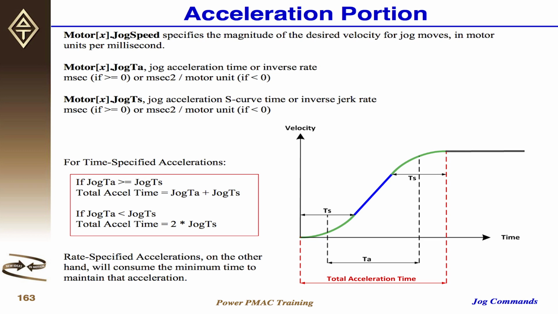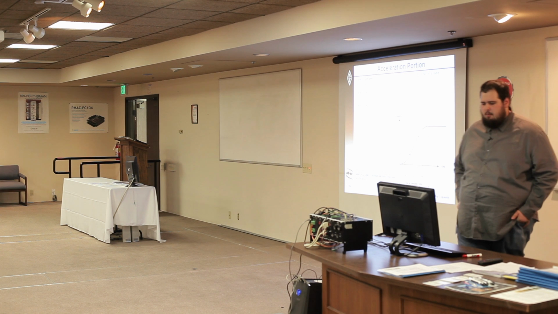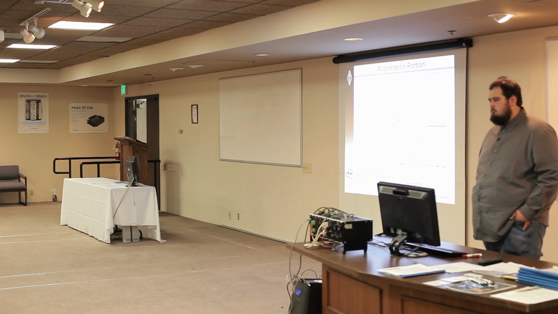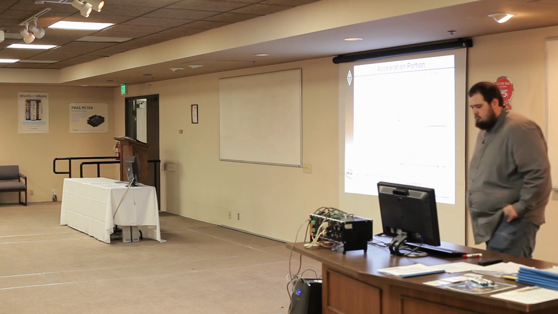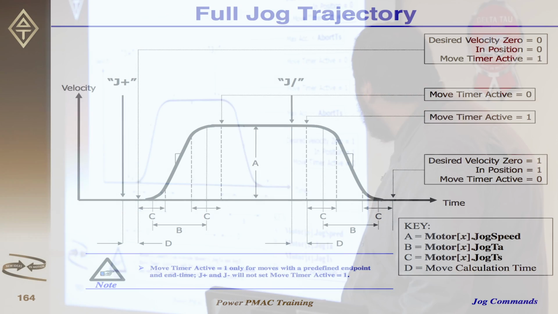You can't command something that's physically impossible. The TA is not going to be lengthened, so to speak. Your move acceleration will be just dictated by TS at that point. Okay, so that's the acceleration portion of the move.